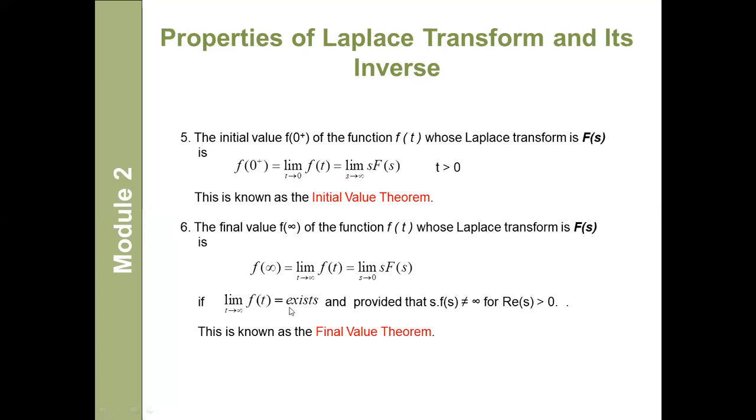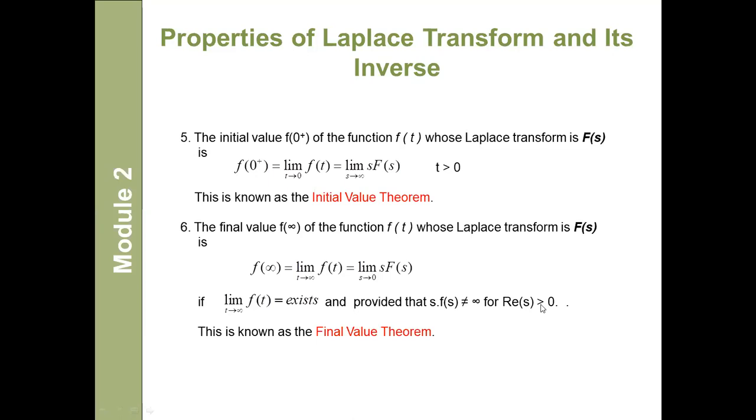The very easy way of determining whether the f of t exists as t approaches infinity is that you check first, prior to evaluating the limit of s times the function of s as s approaches 0, if the product of these two is not equal to infinity for all real values of s greater than 0.